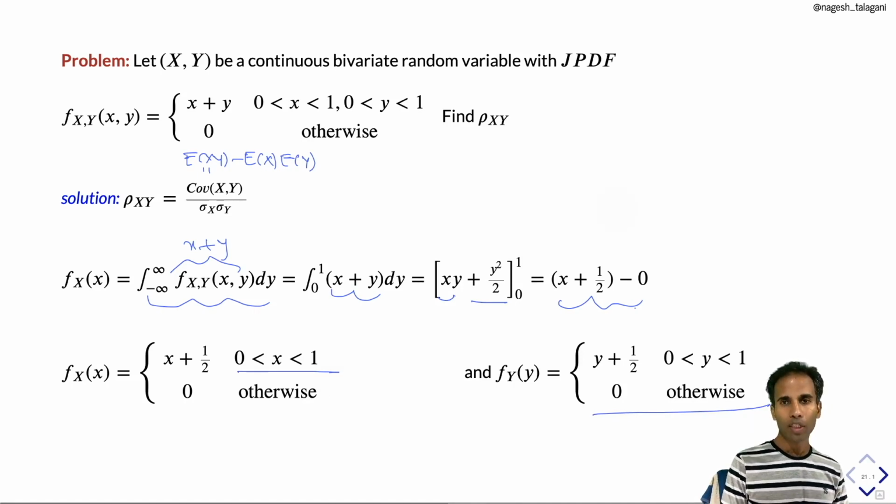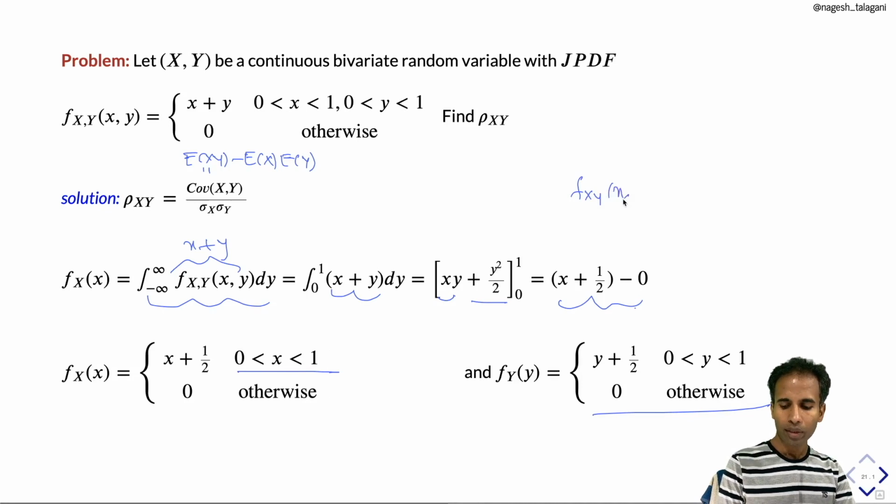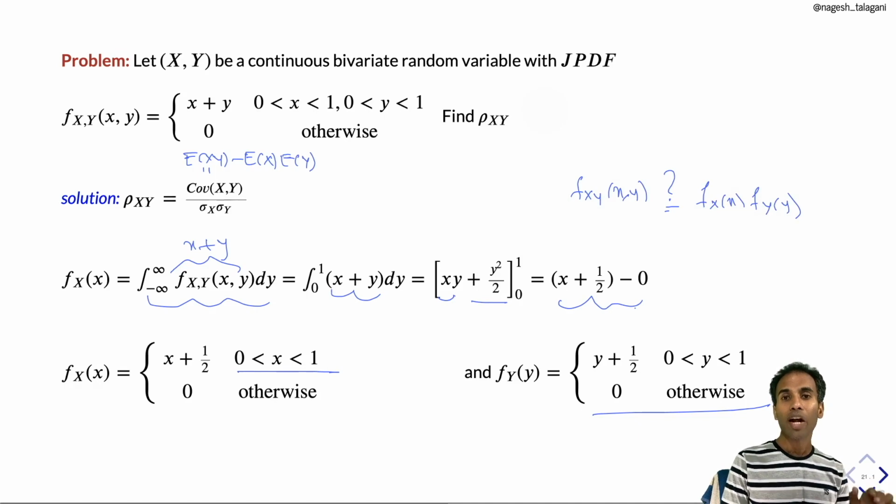At this point, you try to verify if the joint PDF equals the product of the marginal PDFs. If you see that the joint PDF equals the product of marginal PDFs, that means X and Y are independent.